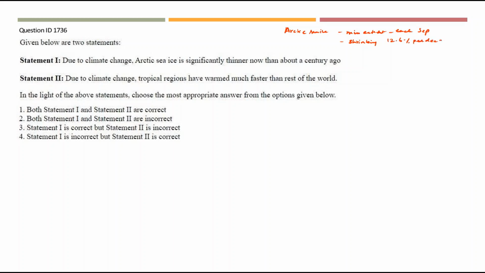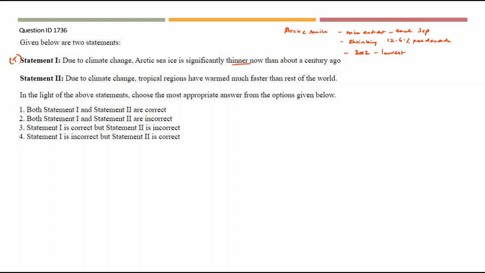Decade is 10 years and century is 100 years. The 2012 sea ice extent is the lowest in the satellite record. If you search about it, you can see the graph. In 2012, it will be totally the lowest one compared to the other years. This statement is absolutely true.